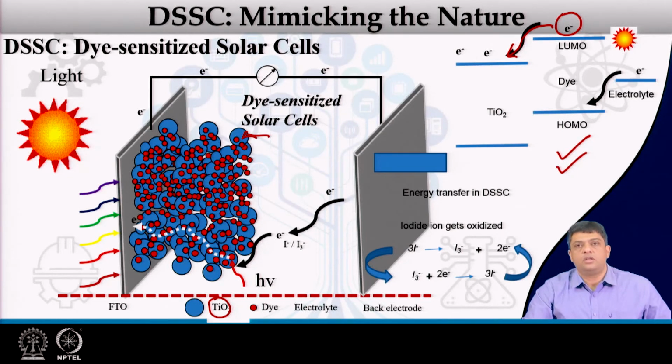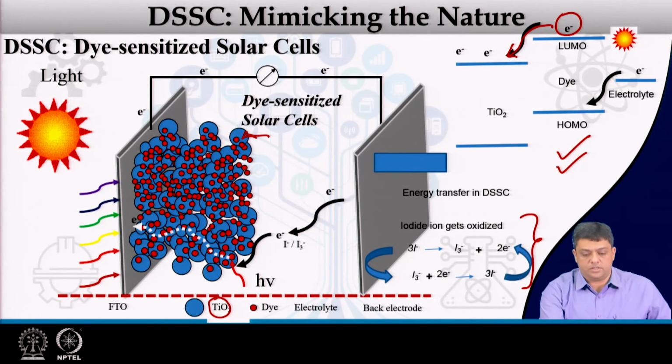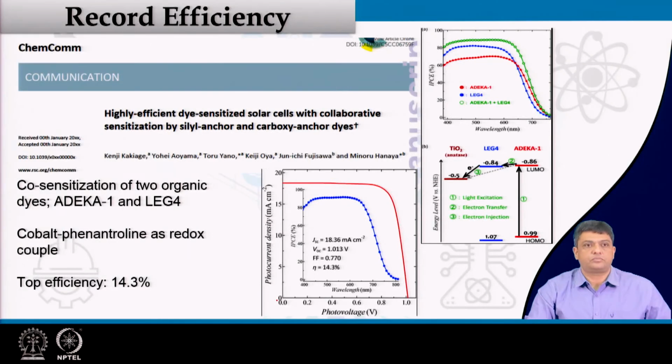So, you have the electrons in the semiconductors which can take part in the conduction mechanisms, and the whole process is actually facilitated by using redox based electrolytes. So, this was a typical dye sensitized solar cell.